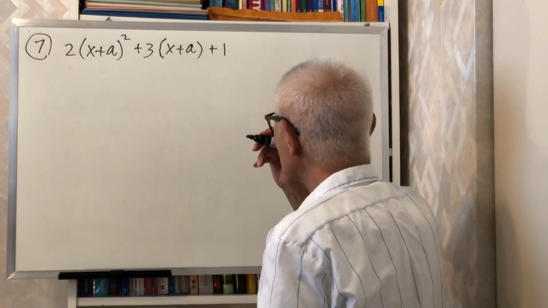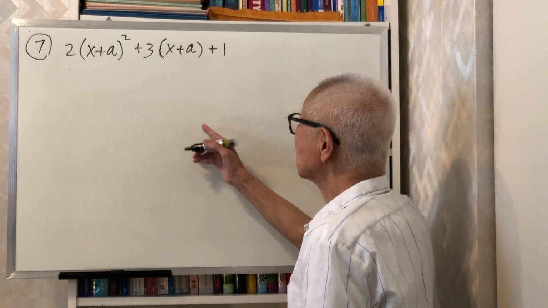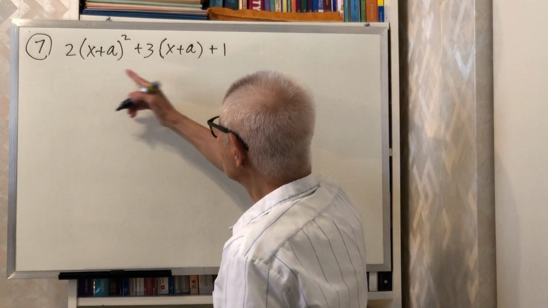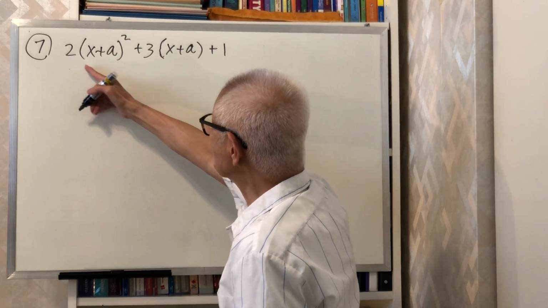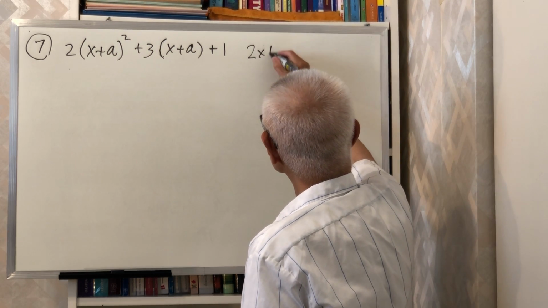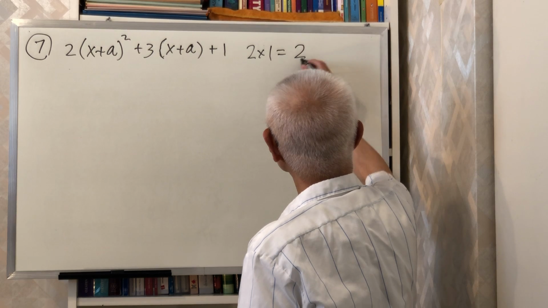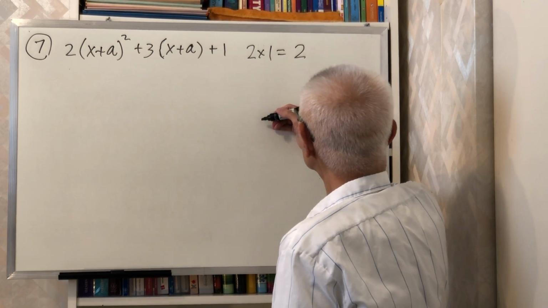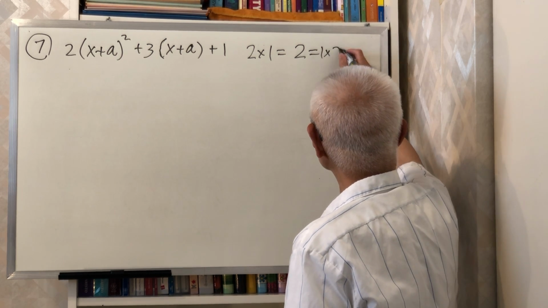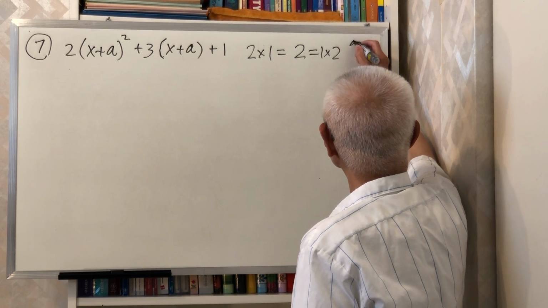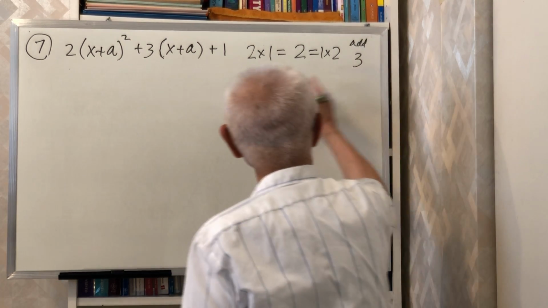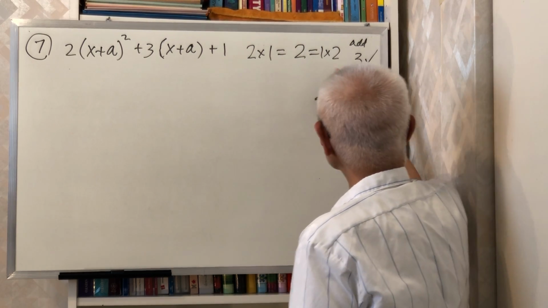Don't be bothered by x plus a. Look at 2, 3, 1. You need to multiply 2 and 1. 2 times 1 is 2. And 2, of course, is 1 times 2. And if you add, you get 3. So this works, 1 and 2.